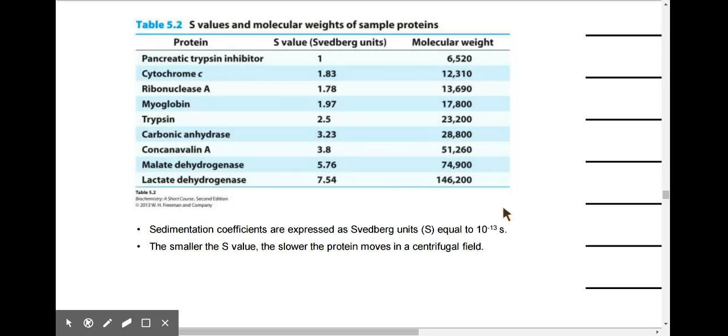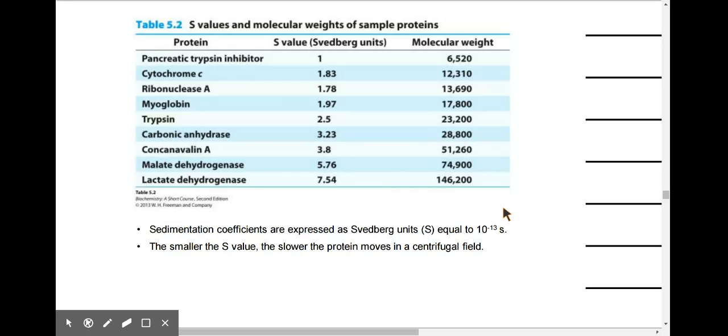So, but there's a glitch. There's always a glitch. That's always the one they put on the test. Remember the straightforward stuff, the glitches, right? And I'm not saying that's a tough question. I'm not your major PI, but I'm just saying you should pay attention to the glitches. So 12,310 has a greater S value than 13,690.